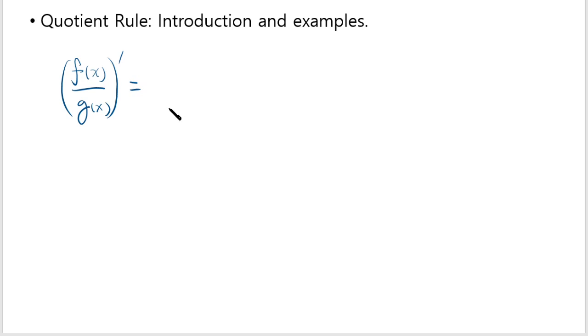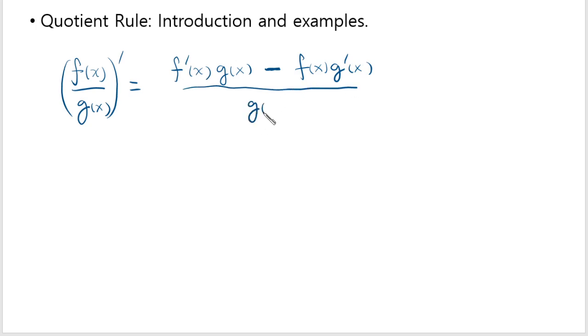I think the quadratic formula is the ugliest thing of all, and this is right after it. You differentiate the first times the second minus, remember how in the product rule we had plus, and now this is minus f of x times g prime of x, divided by the denominator squared.